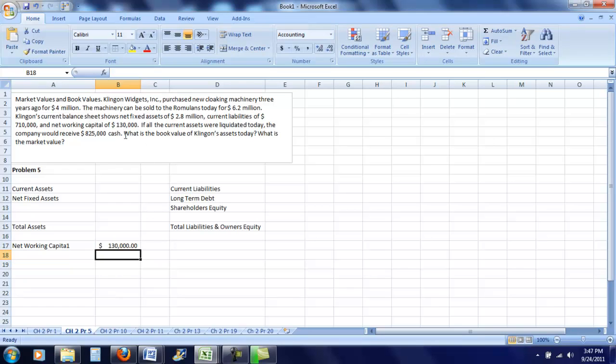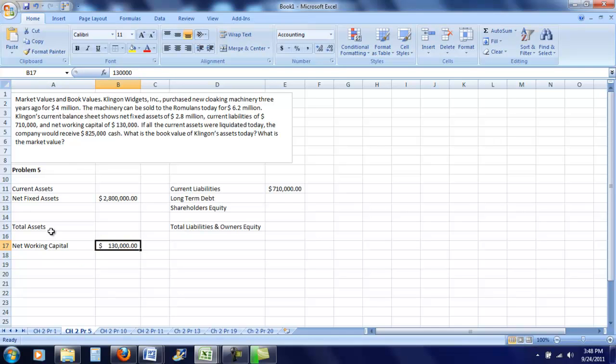We also know that we have current liabilities of $710,000, and we have net fixed assets of $2.8 million. So, this is what was given in our problem.